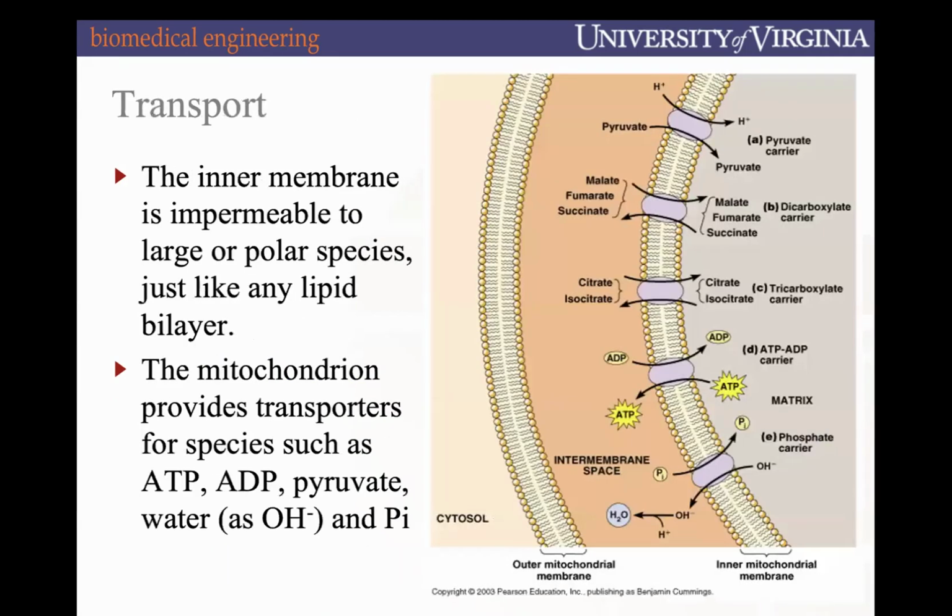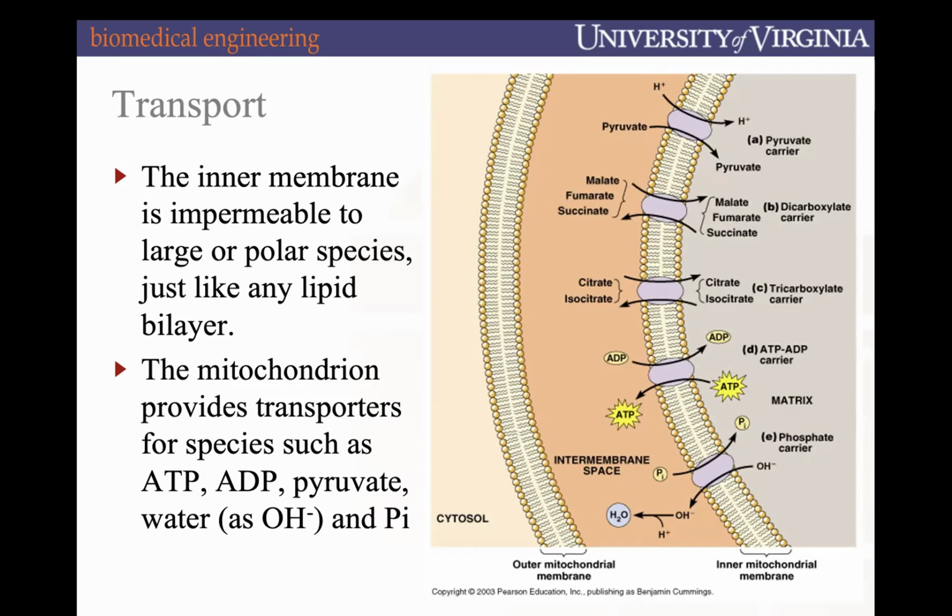So the transport of different molecules across these membranes within the mitochondria is really important. The inner membrane is oftentimes impermeable to larger or polar molecules, and so they depend on the presence of transporters to help shuttle them into the matrix of the mitochondria, where the TCA cycle is occurring.